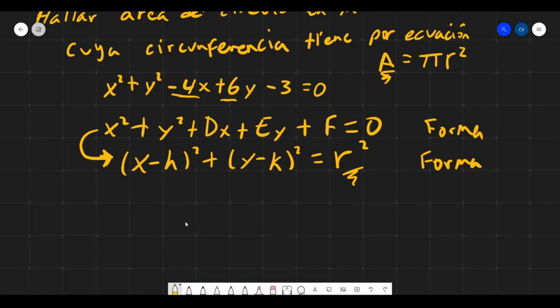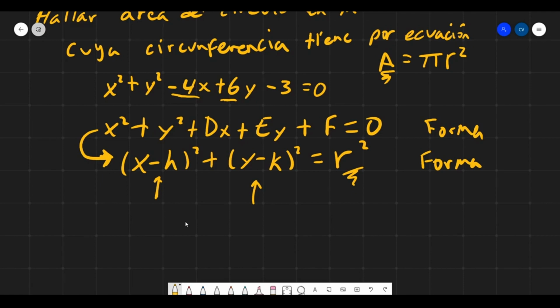So, I am going to convert the general equation of the circumference into its center radius form. So, I look at these coefficients of both x and y, and from there, I will extract these binomials squared. These binomials will come out from there. How do I do this?